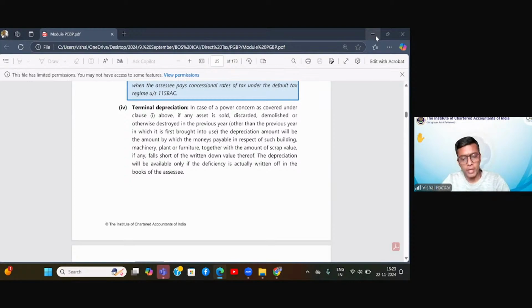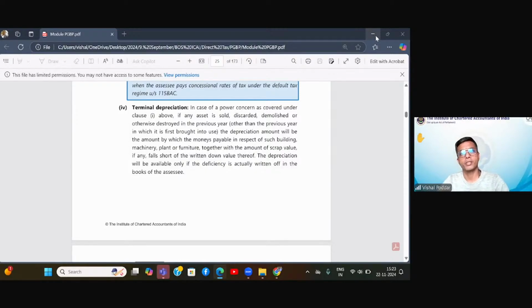But at least what we have done regularly in accounts is that if you have sold an asset like plant, machinery, building, any asset that you are using in your business, and if there is any profit or loss, we put that profit or loss in P&L, right?